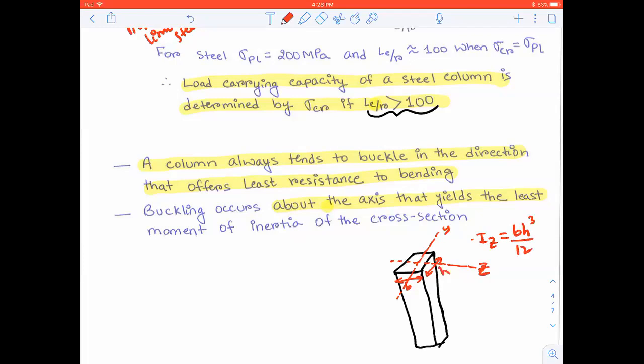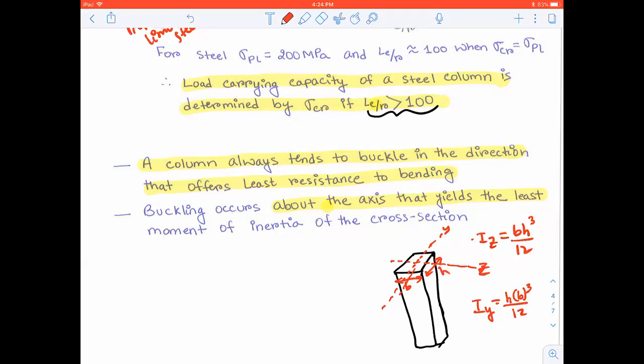Whereas if you calculate the moment of inertia about the Y axis, say my Y axis is something like this, it's going to be H times B cubed by 12. Whichever gives you the lowest moment of inertia, about that axis it's going to bend.